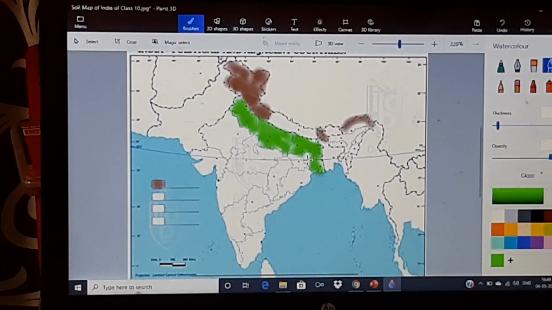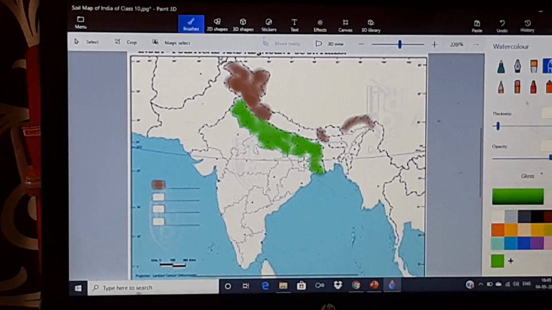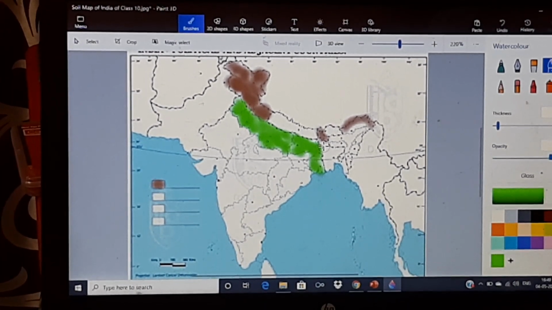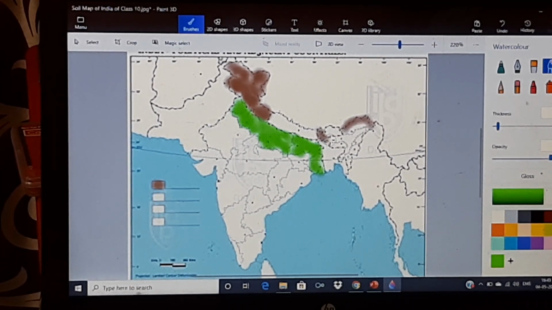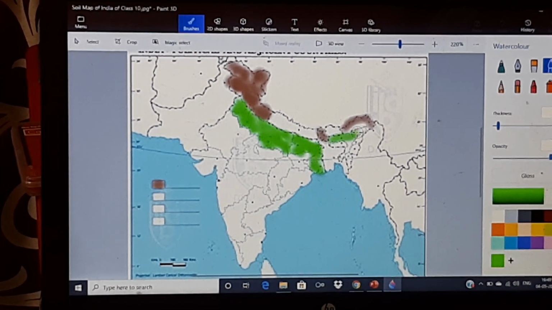This is the part of our district, Bankura, where we don't have the alluvial tract. Now we will move to northeast Assam, where we are having again the Brahmaputra Valley, that is the alluvial tract. We are having the alluvial tract over here.